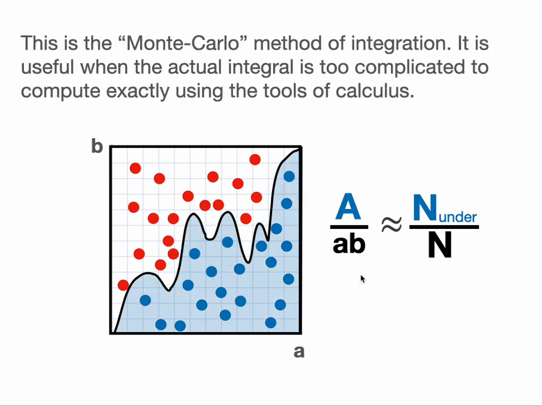This method of finding the area under a curve is called the Monte Carlo method of integration, and it's particularly useful when the function is a really, really complicated function that might not be integrable using the tools of calculus. Those of you who have taken Calculus 2 know a whole bunch of tricks for integrating a whole bunch of functions. But those tricks don't necessarily work for every function.